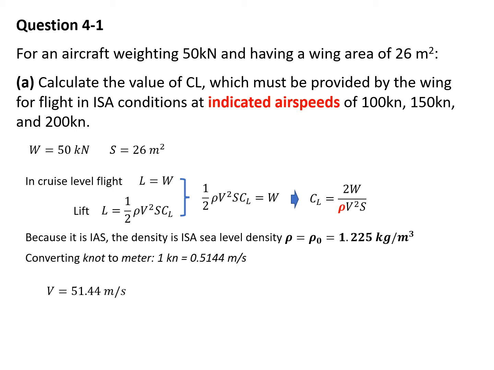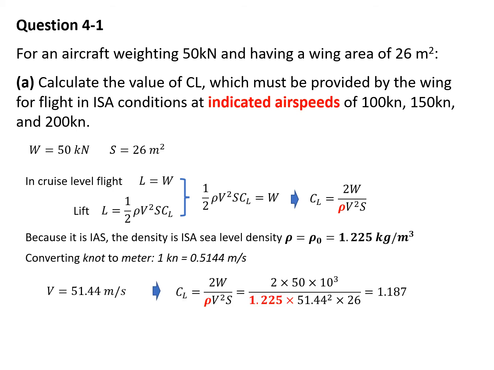And then 100 knot is 51.44 meter per second. So we just plug the numbers into CL and also the density. Then we can have the lift coefficient, which is 1.187. And for the other indicated airspeeds, which are 150 knots and 200 knots, we just do the same procedure.